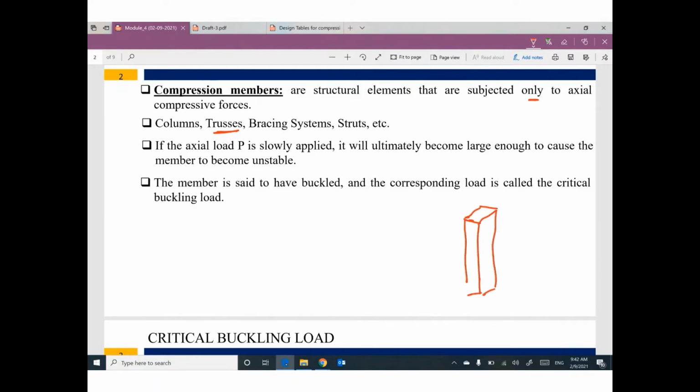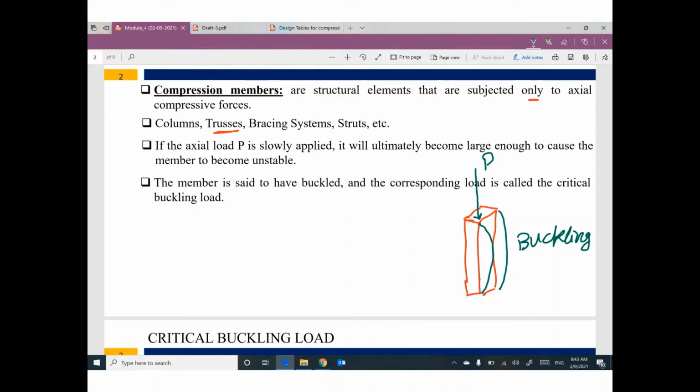This phenomenon does not exist if the member is under tension. If you have a member under compression, we can expect something called buckling. This only happens if the member is under compression, and it's a big issue.